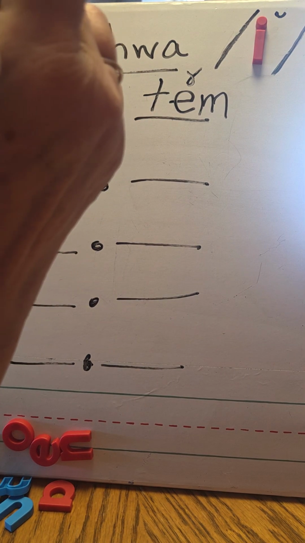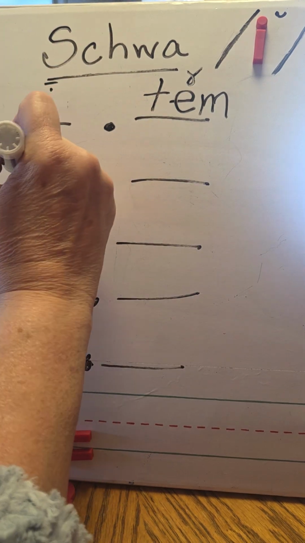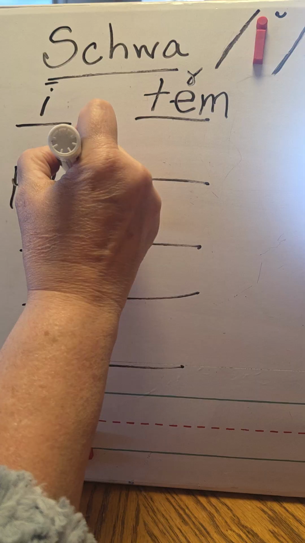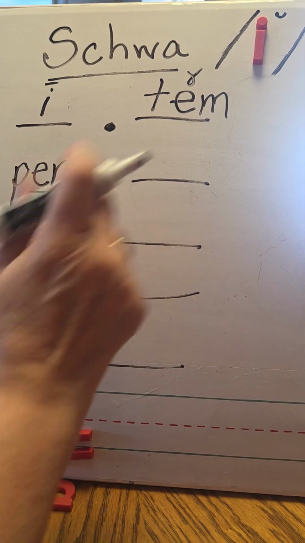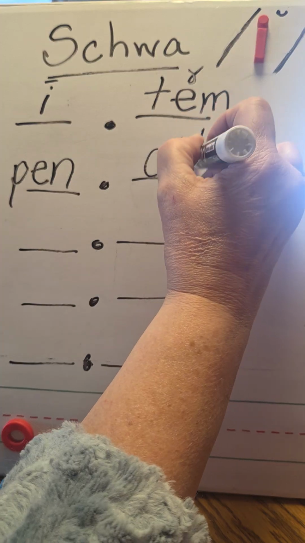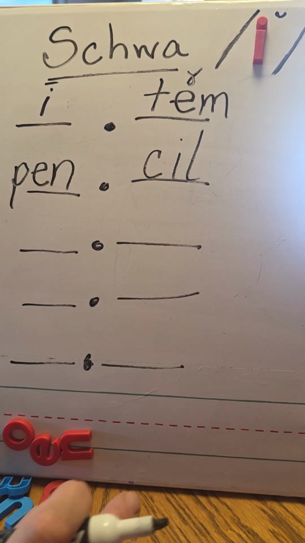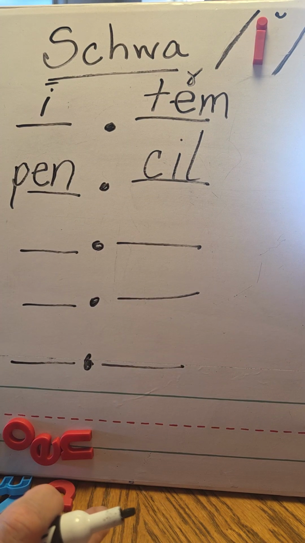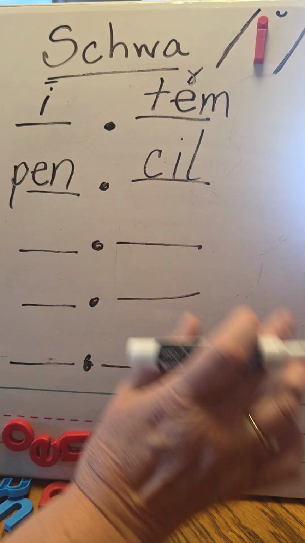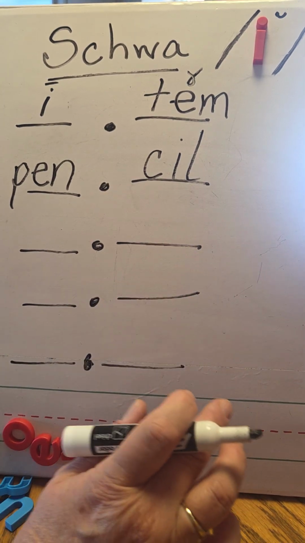How about this? We use these in school all the time. This is a short CVC, pen. Look at that, pencil. Sometimes when we say it fast, it's pencil. Believe it or not.